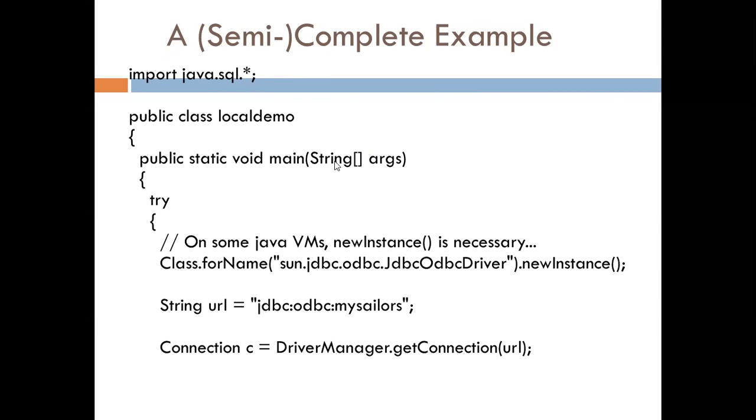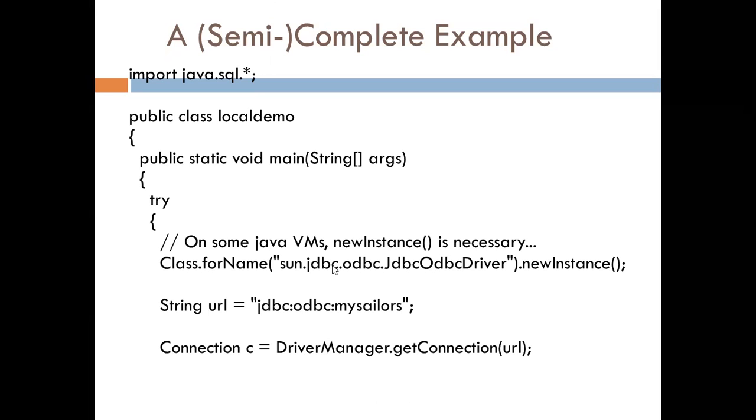Then within the main, we have to establish or load the driver. The driver can be loaded using the API Class.forName, with sun.jdbc.odbc.JdbcOdbcDriver. This is the name of the driver.